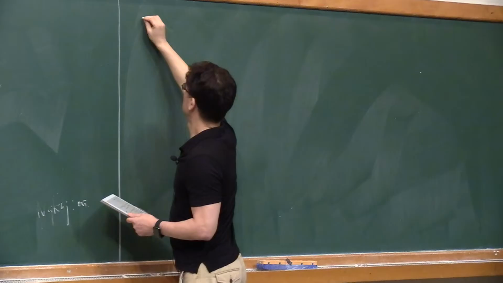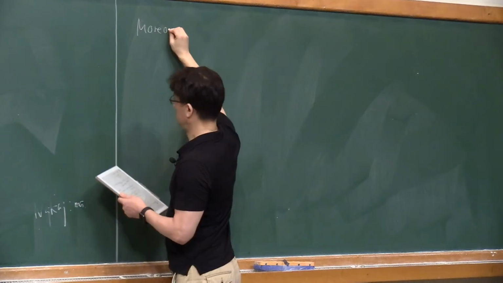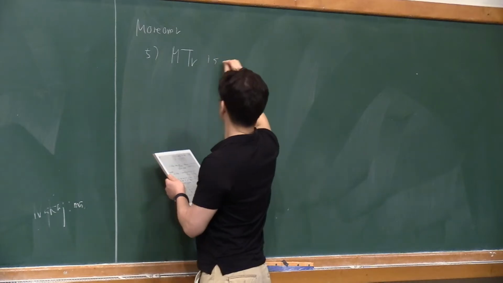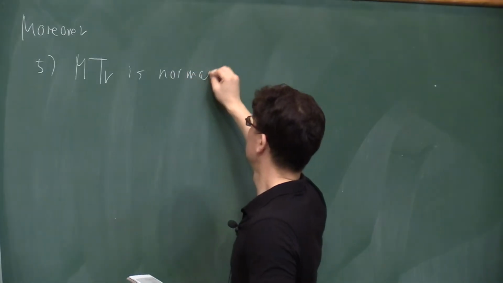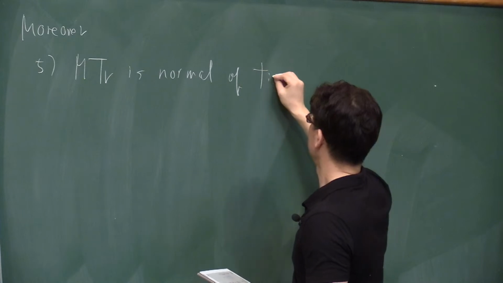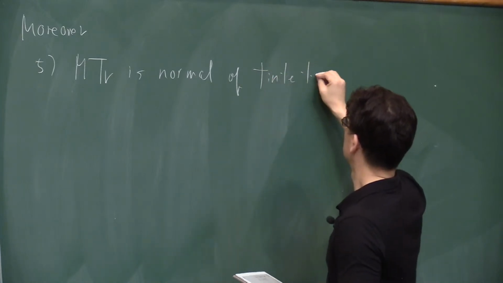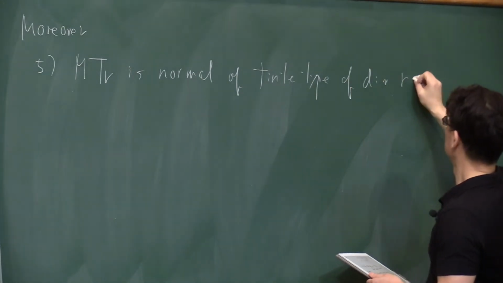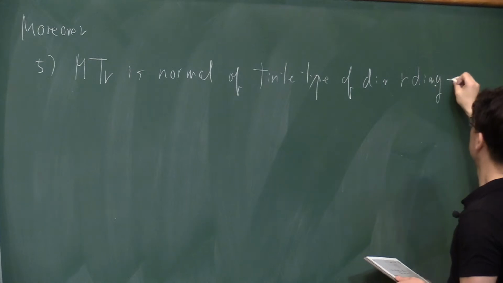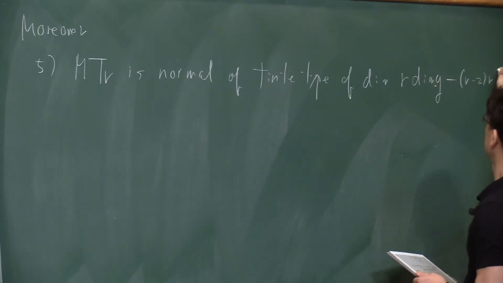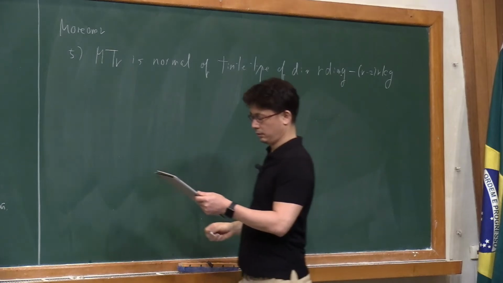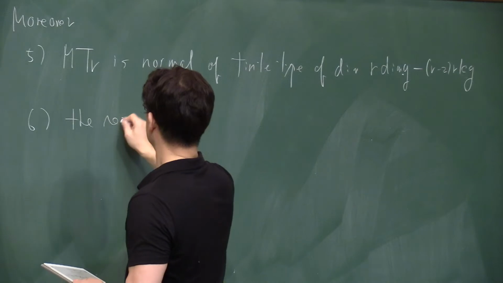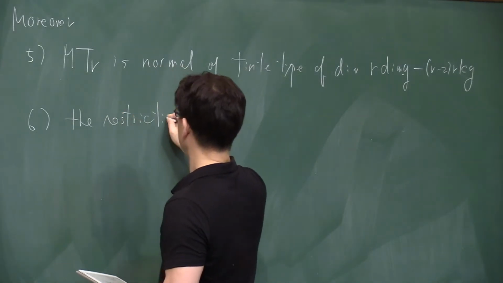And moreover, MT_R is normal of finite type, of dimension R times dimension of G minus R minus 2 times rank of G. And this is in general a singular variety.